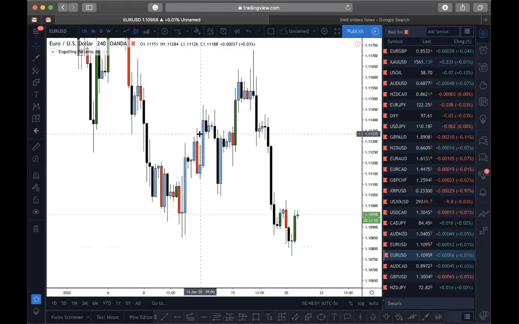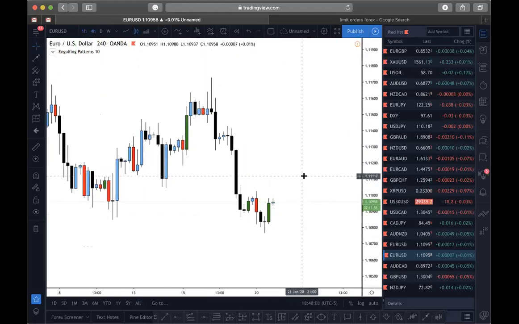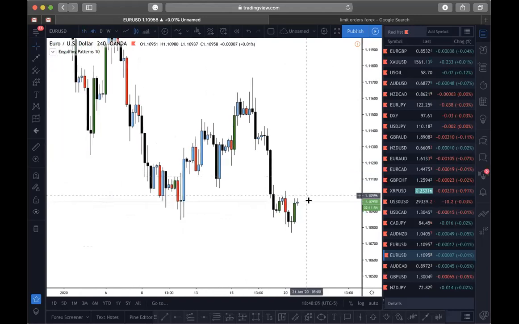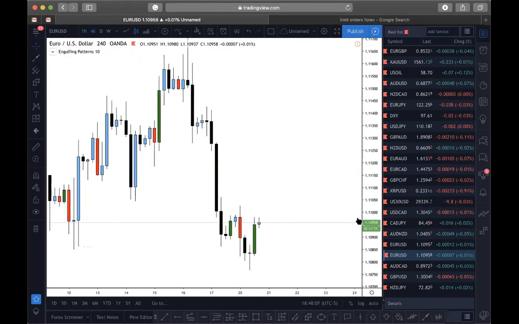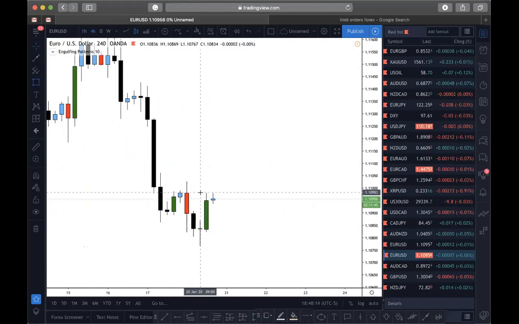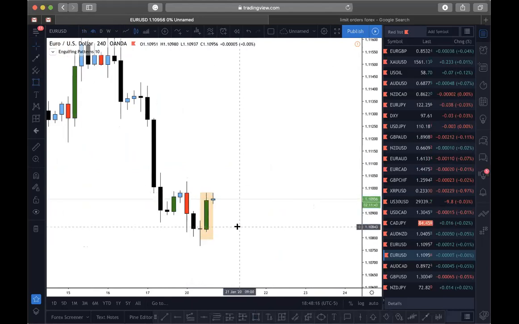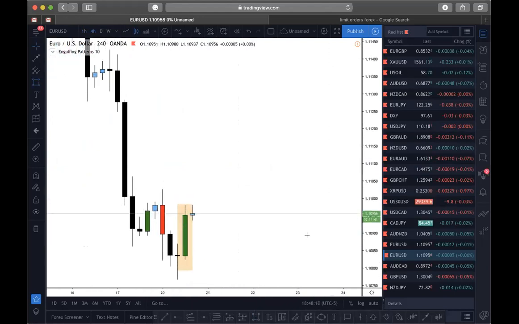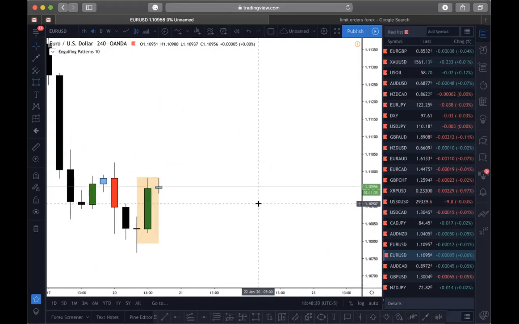The 4 hour chart is the exact same thing, except each candle represents 4 hours of movement. So this one green candle you see here on the 4 hour chart is one candle, but on the 1 hour chart it's 4 candles.